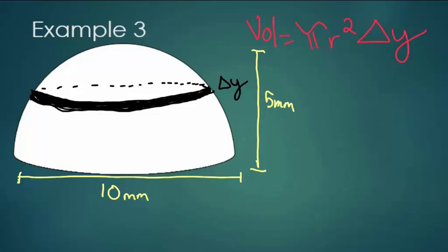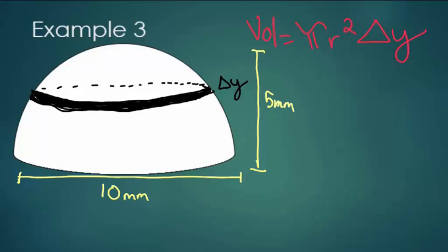So now we just have to get r in terms of y so that we can sum up these disks and create a definite integral. In this case, however, we don't have similar cones, so what we can do is use some trigonometry and the Pythagorean theorem to figure out what r is going to be in terms of y.